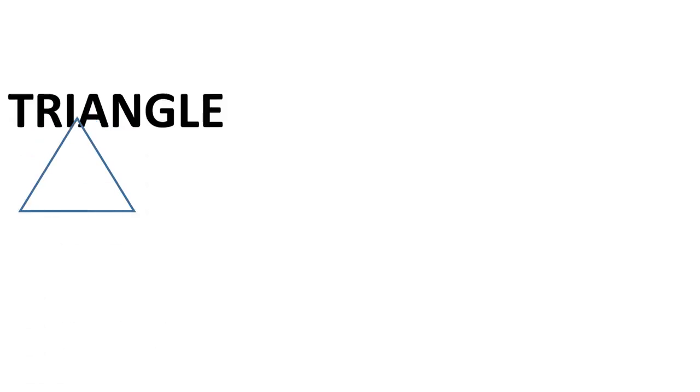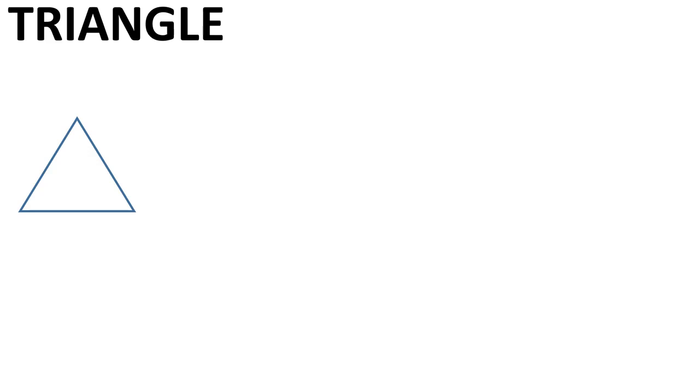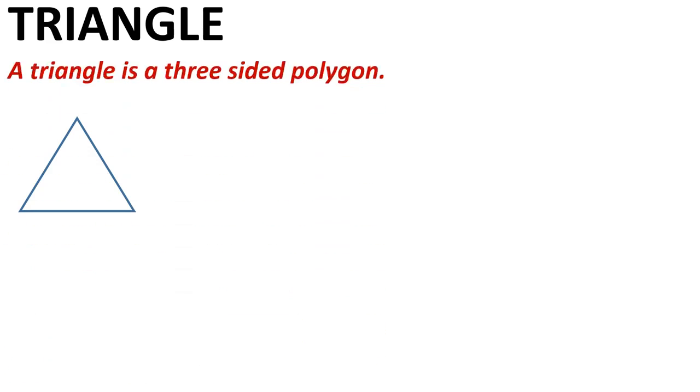Now our next topic is triangle. How many sides are there in a triangle? You know, there are 3 sides. So a triangle is a three-sided polygon. Why is it a three-sided polygon? Because it has three sides. And why is it a polygon?